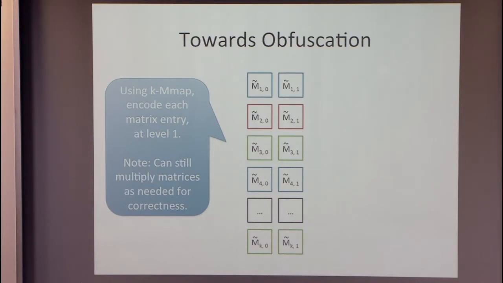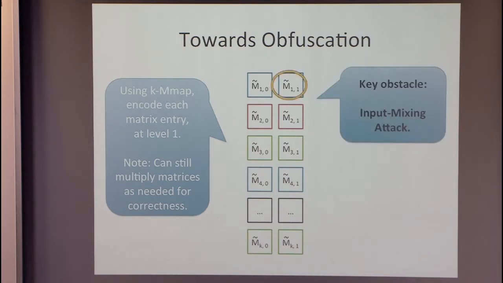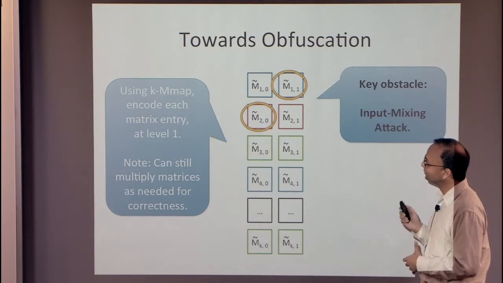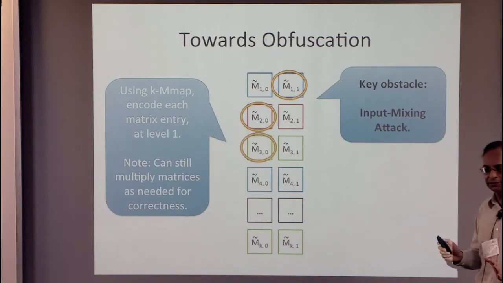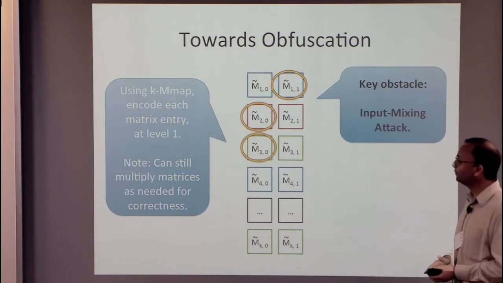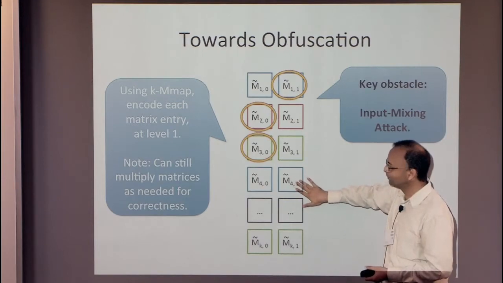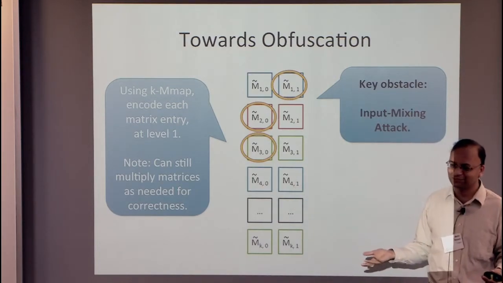But there's one critical attack that remains. And that is the input mixing attack. Let me describe that to you. Suppose that I am an adversary, and I'm mostly nice, so I mostly do what I'm supposed to be doing. I start with this matrix over here, and I multiply it with this matrix, multiply it with this matrix, exactly the way I'm supposed to. Note now that I am committed to my input, 1, 0, 0, and I'm supposed to multiply with this matrix. But nothing is forcing me to do that.